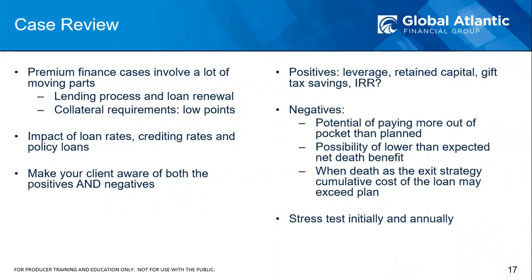If you use a variable loan, the net cost of the loan obviously is tied to the crediting rate of the policy. So if you have a period of high interest rates and low crediting rates, the net cost of the loan can really eat into the value of the policy and perhaps even make it in danger of lapsing.